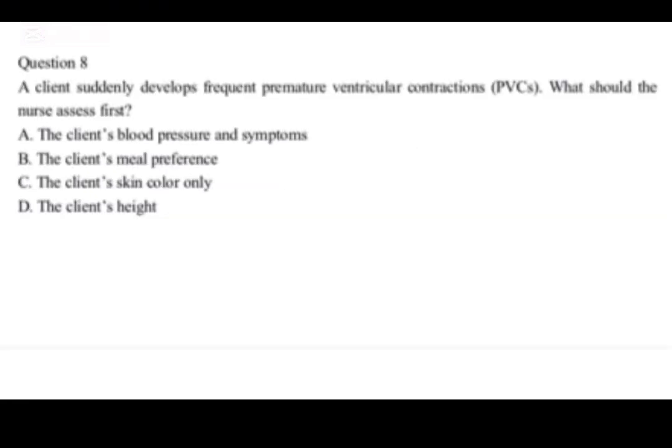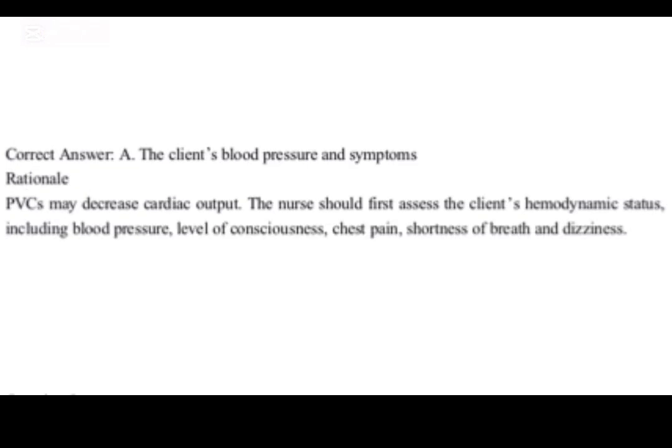Question 8. A client suddenly develops frequent premature ventricular contractions, PVCs. What should the nurse assess first? A. The client's blood pressure and symptoms. B. The client's meal preference. C. The client's skin color only. D. The client's height. Correct answer, A. The client's blood pressure and symptoms.